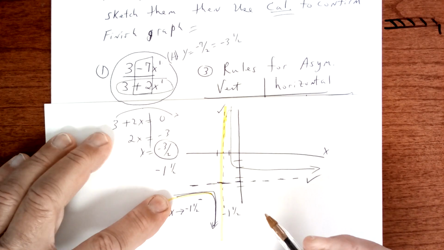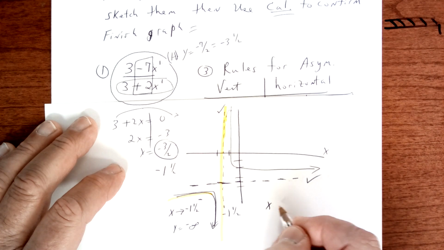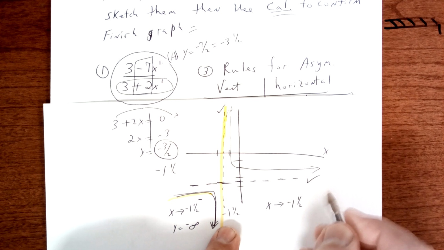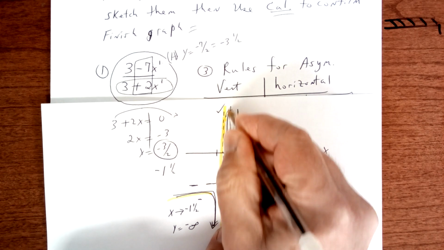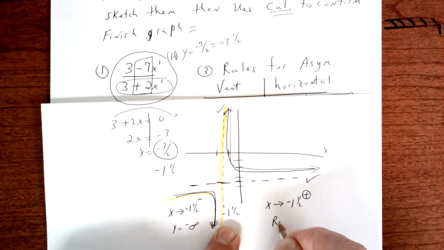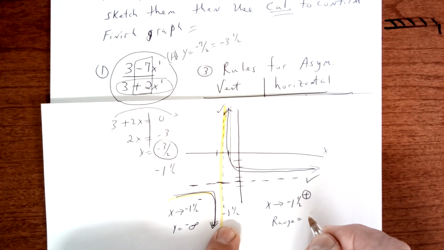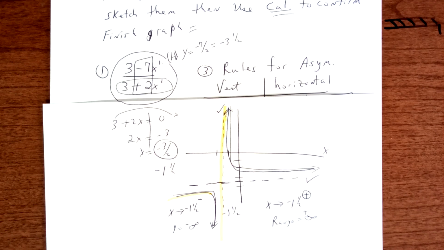So y, the range, goes to negative infinity. As x approaches negative 1.5 from the positive side, which is this way, the range, the y, goes to positive infinity.